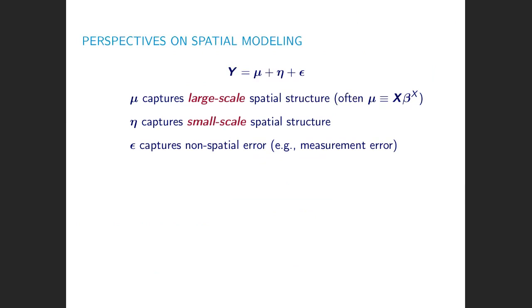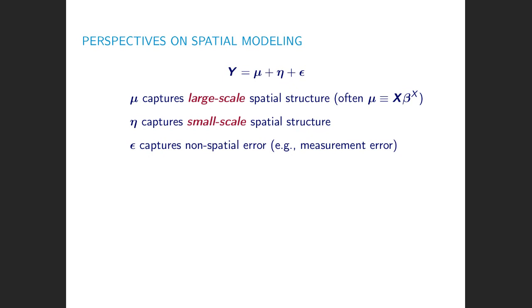So to introduce the idea, I'll present a very generic model for spatial statistics. We'll assume that Y is some observable outcome associated with points in space, and that we can decompose its variation into components mu, eta, and epsilon.